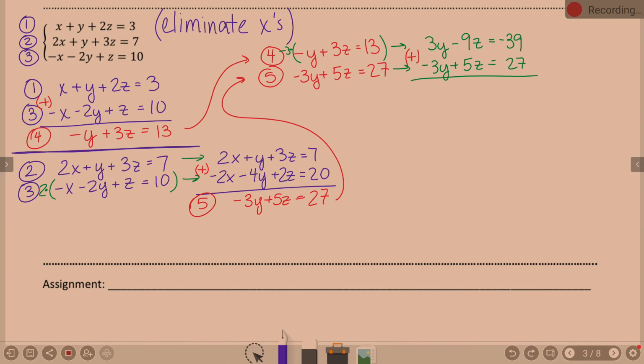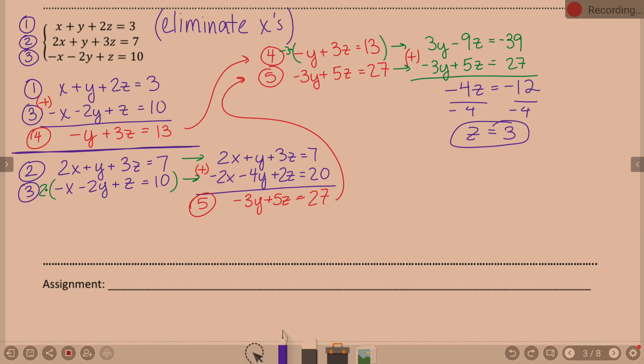We're going to run out of time, just at the wrong time. 3y and negative 3y cancel. Negative 9z plus 5z is negative 4z. Negative 39 and 27 is negative 12. Divide by negative 4, and you know your first answer is 3.